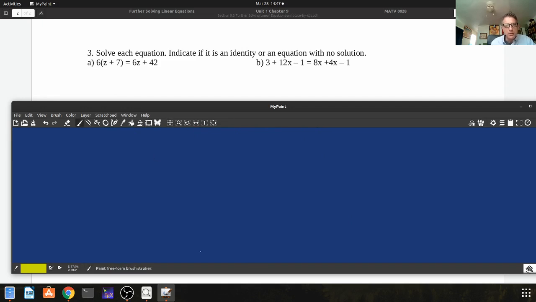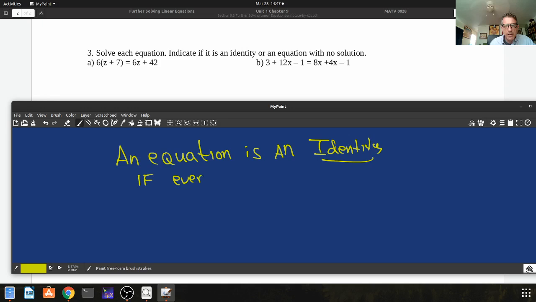So remember, let me give you the definitions again. An equation, remember equations have equal signs, is an identity if every real number, and I'm just going to pretend our equation is in the variable x, results in a true statement.